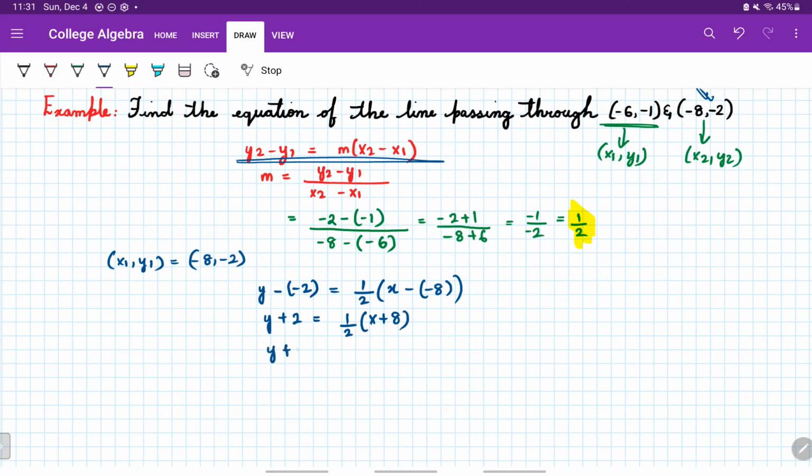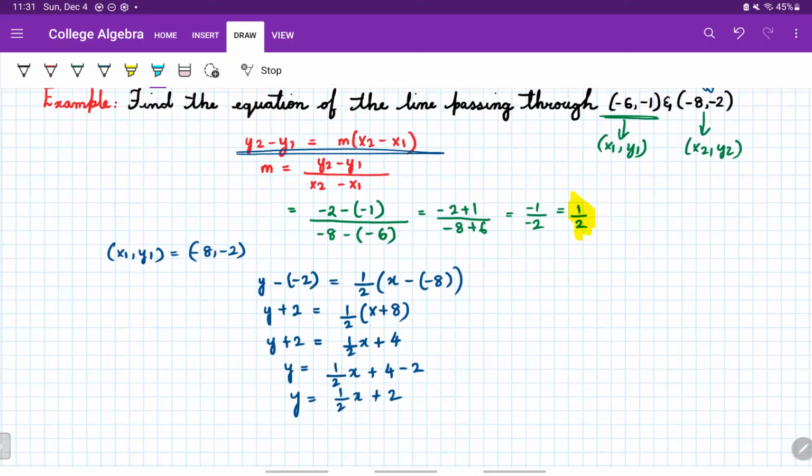Expanding this, we get y plus 2 equals 1 by 2 x plus 4, and y equals 1 by 2 x plus 4 minus 2, so y equals half of x plus 2. So we get this as our equation.